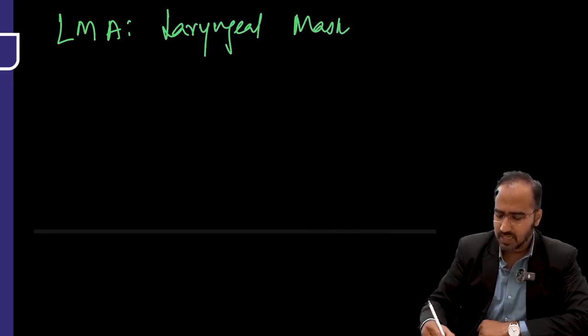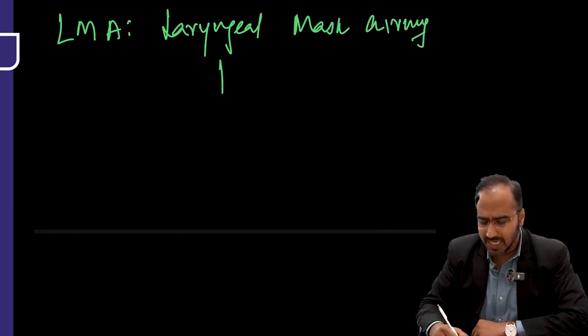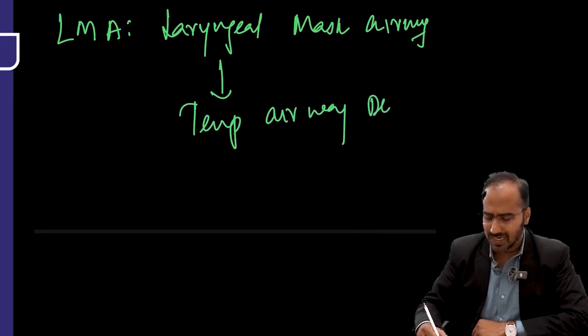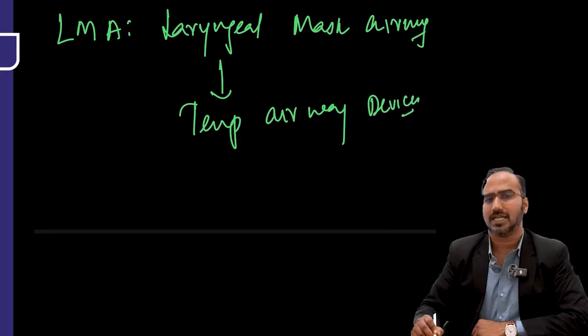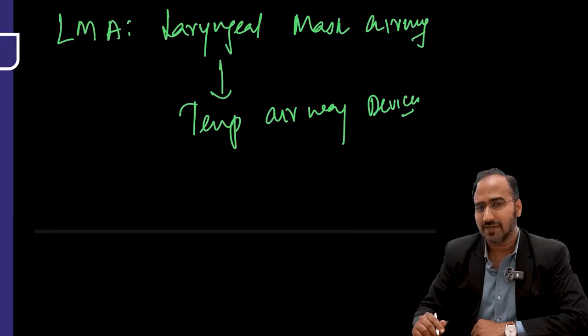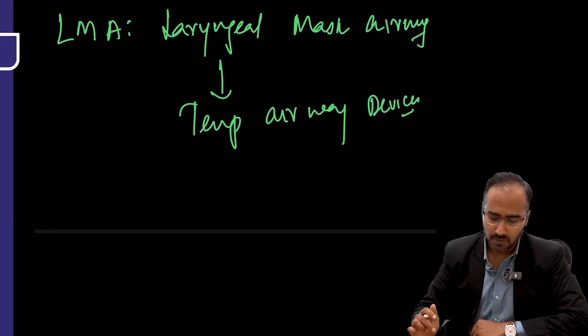If you are not able to intubate the patient, at least secure the airway by a temporary airway device called the laryngeal mask airway. For laryngeal mask airway insertion, the IV induction agent required is propofol.